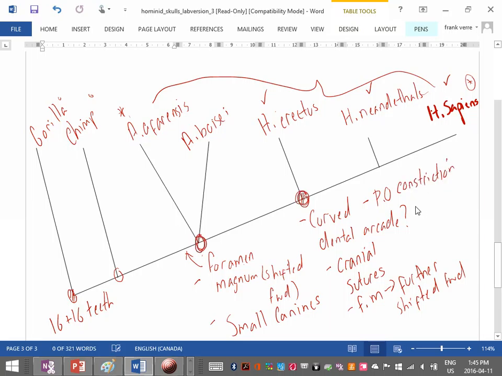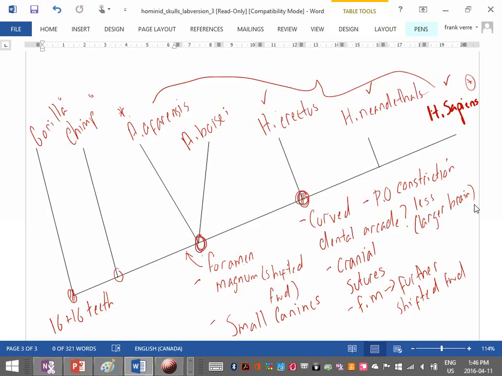Now, what do you think that means? What's that an indication of? Right. So we start to see a larger brain. When you look at the brain case of a gorilla and afarensis, does it look the same?